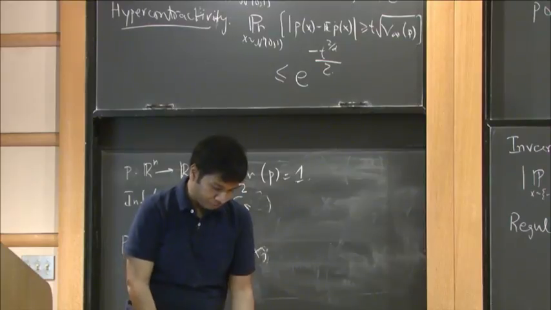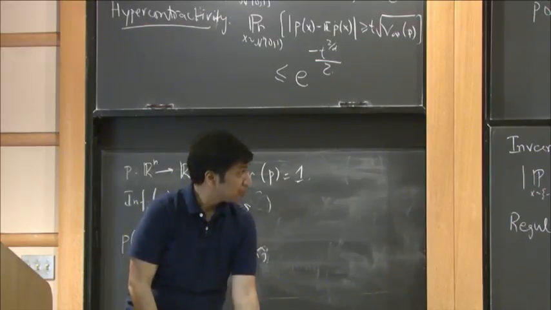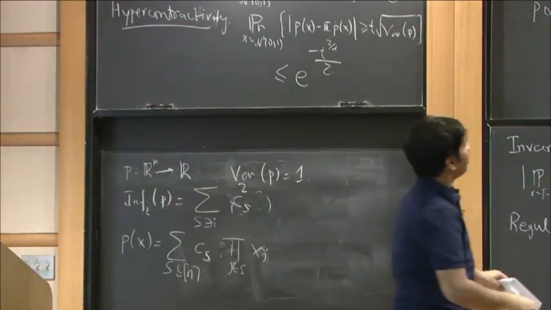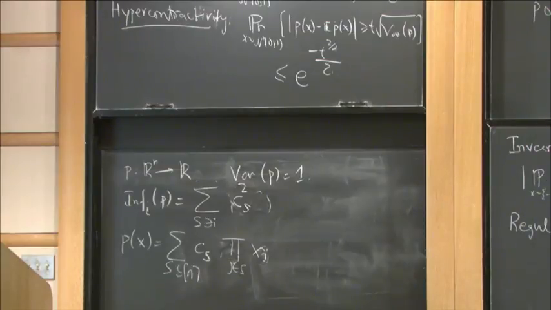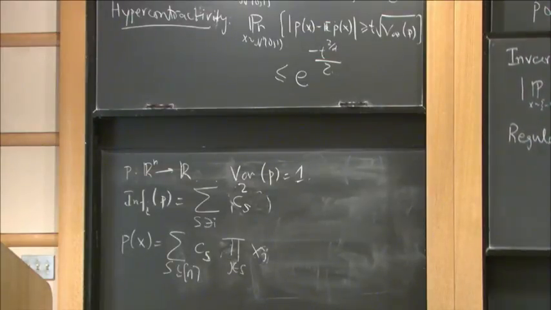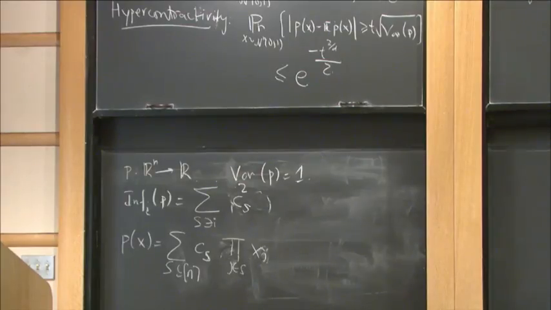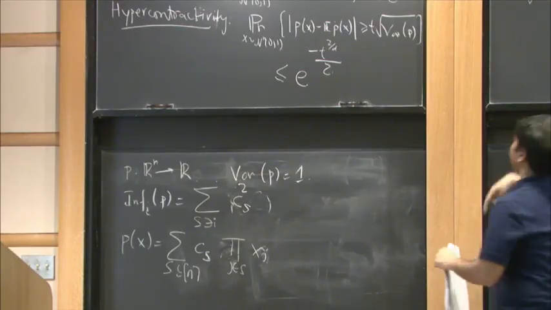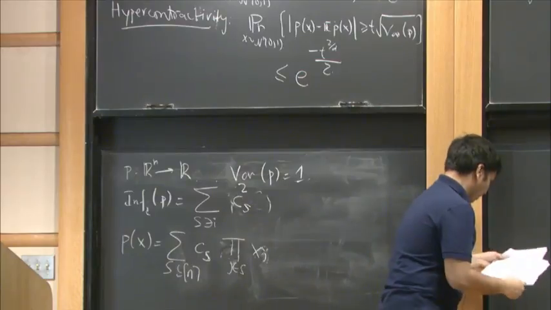Anyway, the basic idea behind proving the regularity lemma is the following. Once we finish this, we can take a break and I can erase all the stuff on the board.